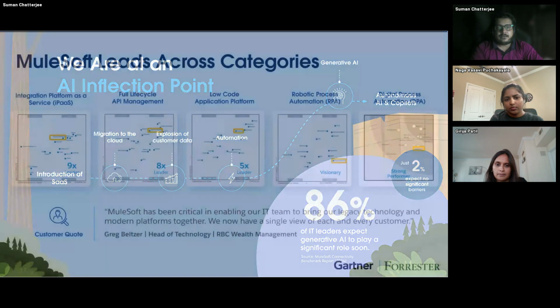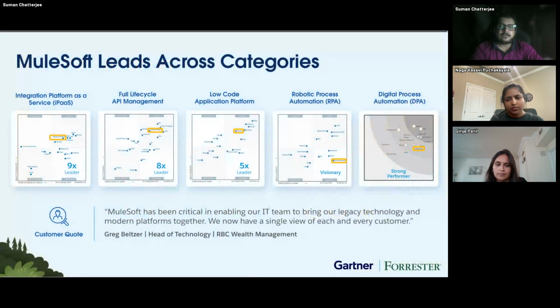Okay, so in this slide, we will talk about where MuleSoft stands in the industry. Now, MuleSoft over the last couple of years has established its credibility, and it's become a trusted platform across various technological domains, emerging as a market leader in the magic quadrants for iPaaS solutions, API management, and low-code application platforms.